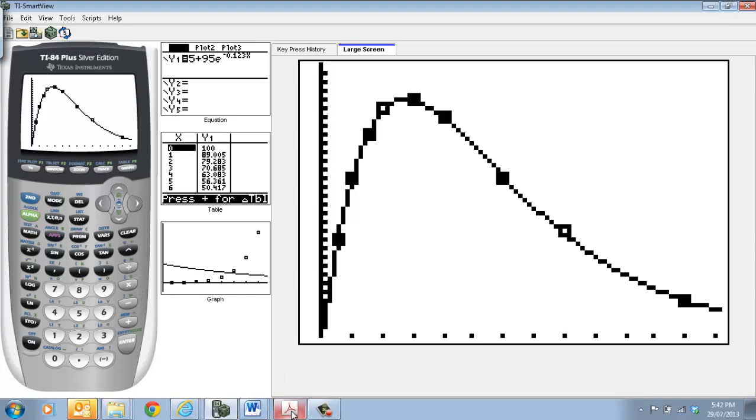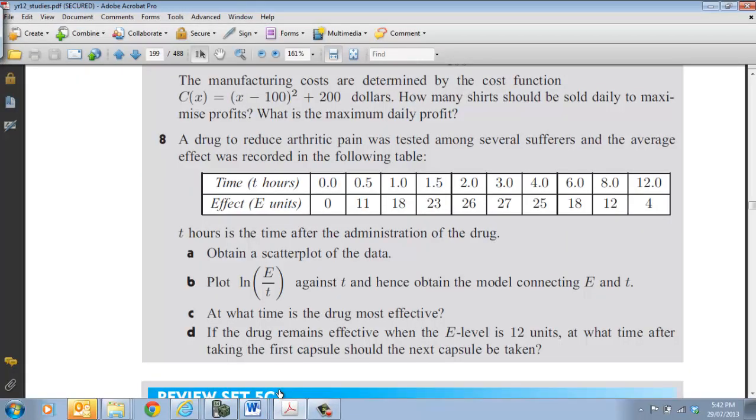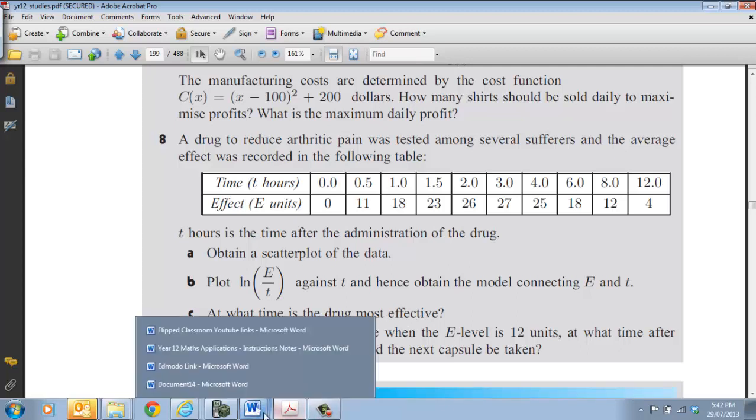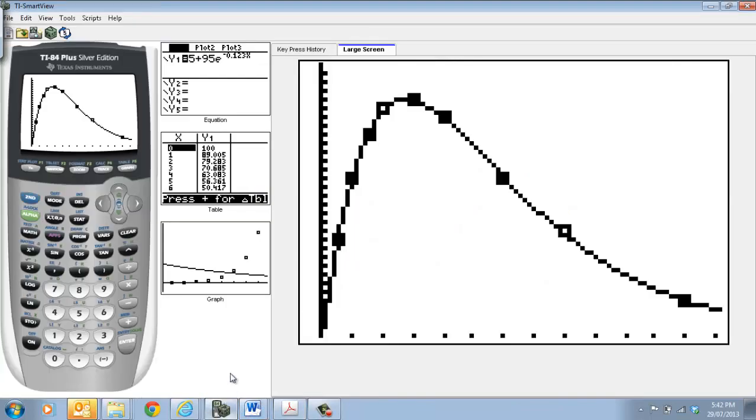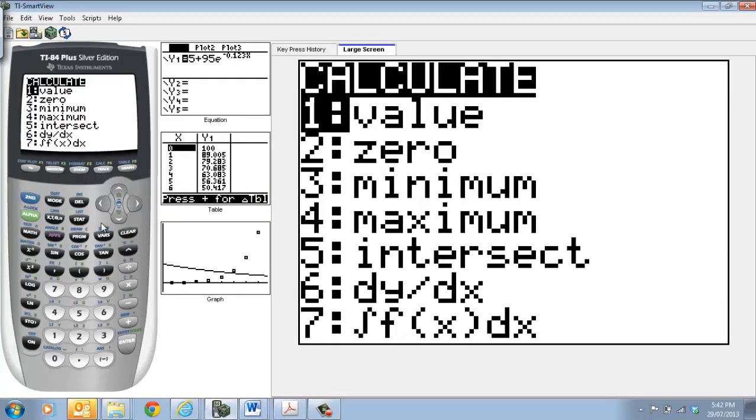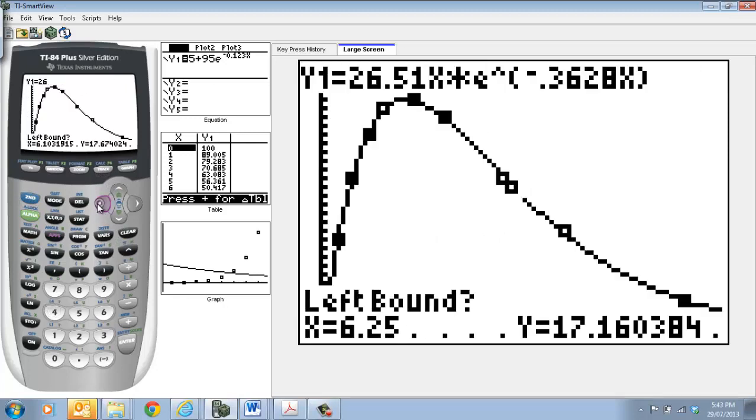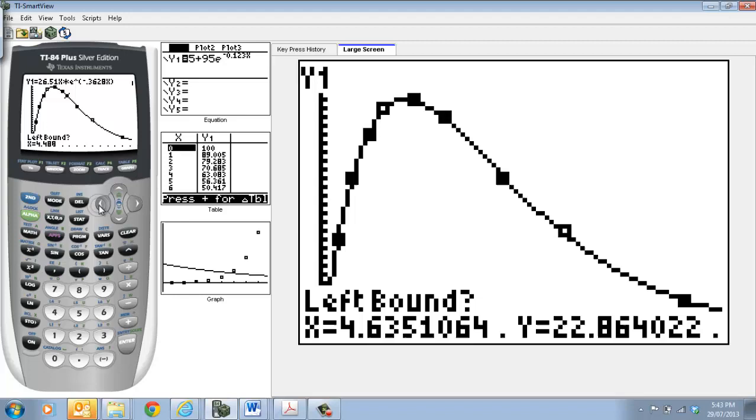Alright, so let's go back to our textbook question. We've done our graph of that, we've found our model. Part C is what time is the drug most effective? Well, that equates to the maximum drug in your system. So if we go back to our calculator, we can calculate our maximum by doing our G-calc, going to number 4, scrolling across to the side over here of the maximum.